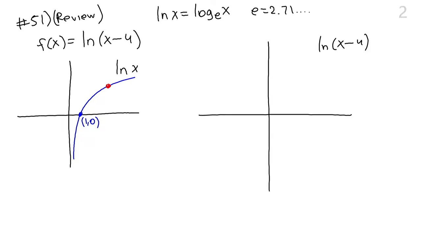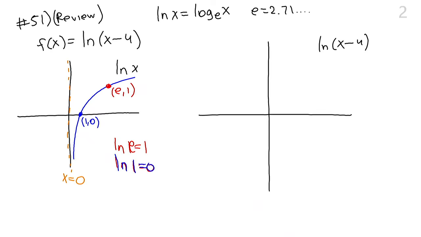Another point on this graph is going to be (e, 1), because natural log of e is 1, natural log of 1 is 0. There's also a vertical asymptote here at x equals 0.